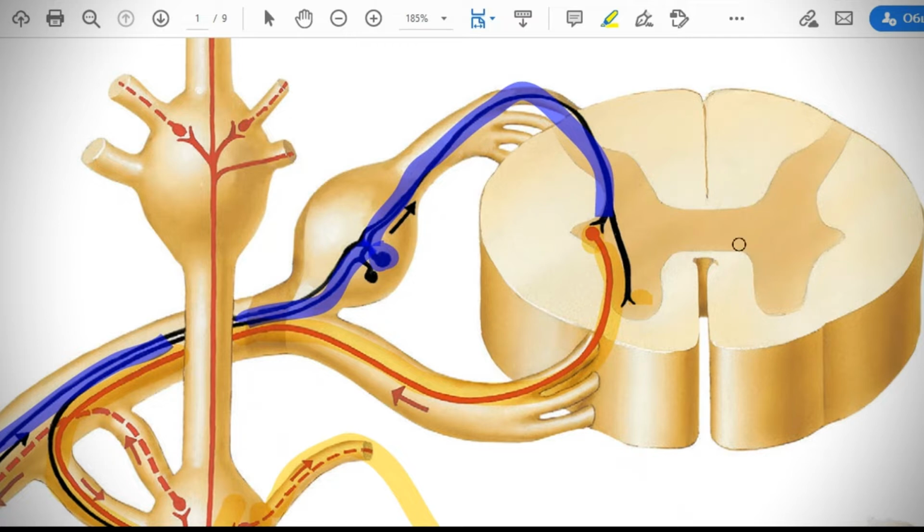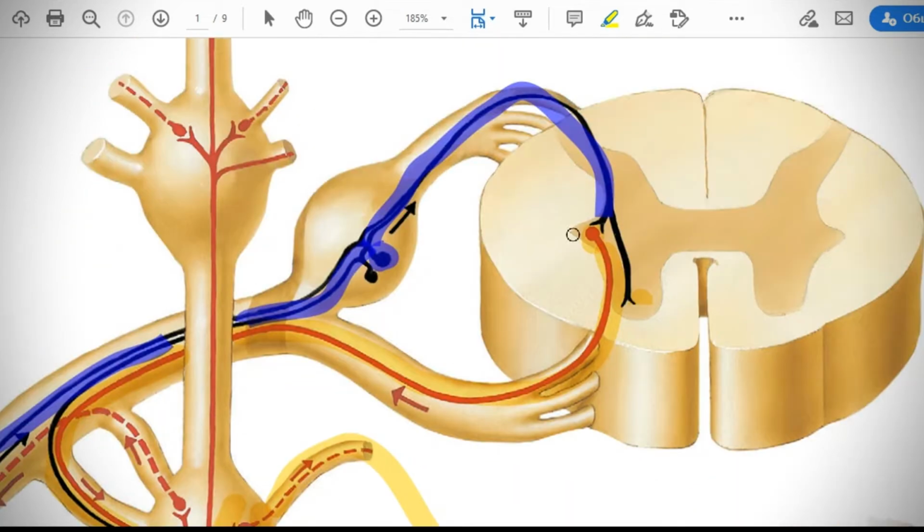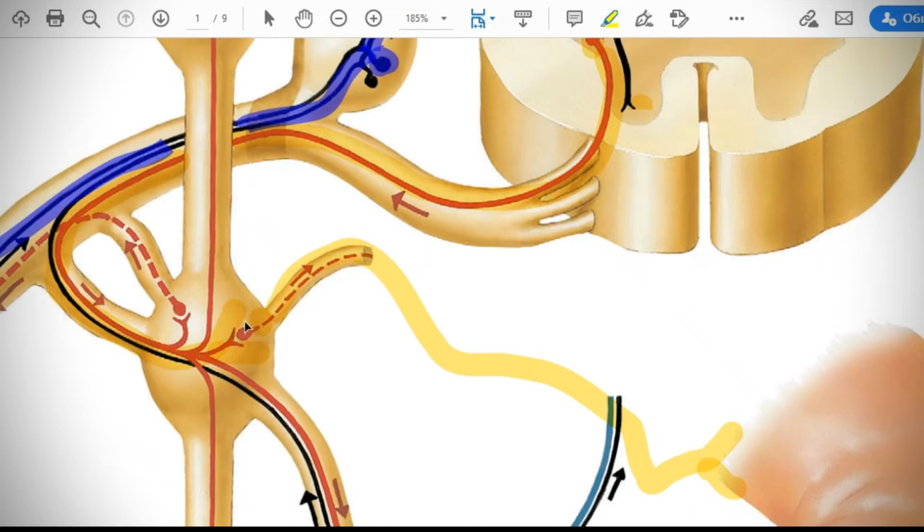There are two different parts of the autonomic system, the sympathetic part and the parasympathetic part. They have opposite effects on your tissues, and they differ in the location of the first neuron and the second, postganglionic, neuron. They have centers in different places, and the second neuron is in different ganglia.